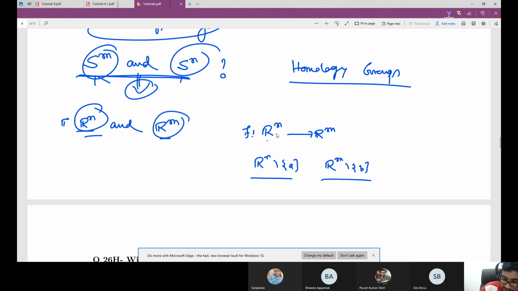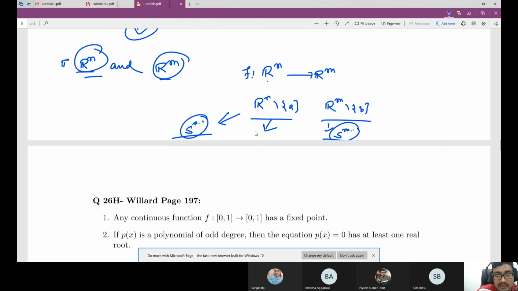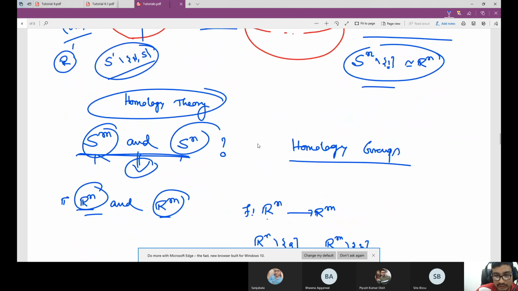But there is something called deformation retraction. So this space will deformation retract to Sn minus 1, and this space will deformation retract to Sm minus 1. Now Sn minus 1 and Sm minus 1 are homeomorphic provided m minus 1 equals n minus 1. Therefore, Rn and Rm are homeomorphic provided m equals n. That's how we use homology theory there.